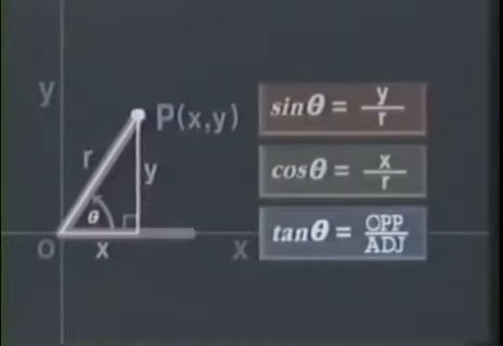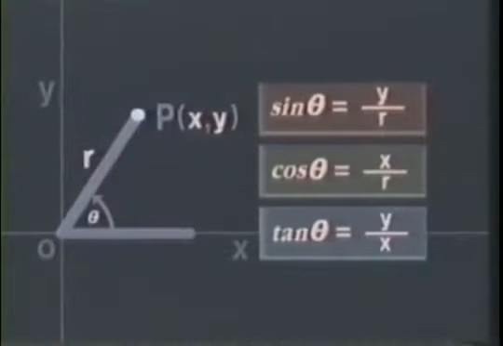The cosine of theta is adjacent over hypotenuse, or x over r. And the tangent of theta is opposite over adjacent, or y over x. So, by knowing the x and y coordinates, we don't have to construct a triangle to establish the trig ratios.